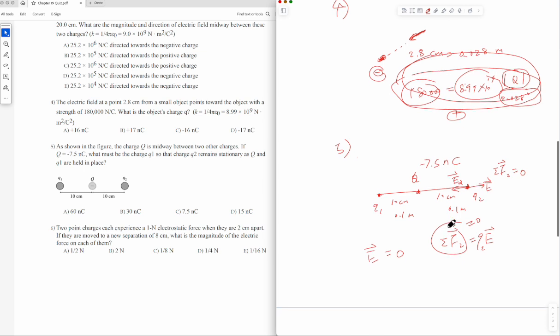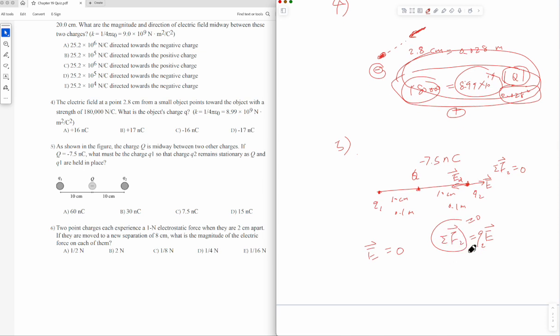So Q1 has to be a positive charge first, and the magnitude of the electric field due to those two charges will be the same, with opposite direction.